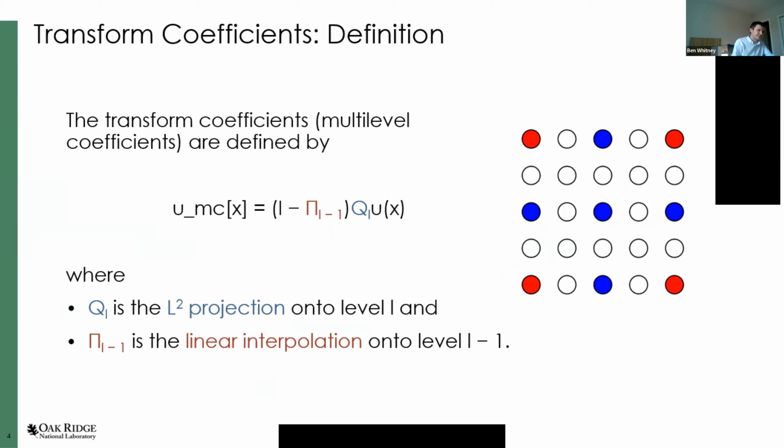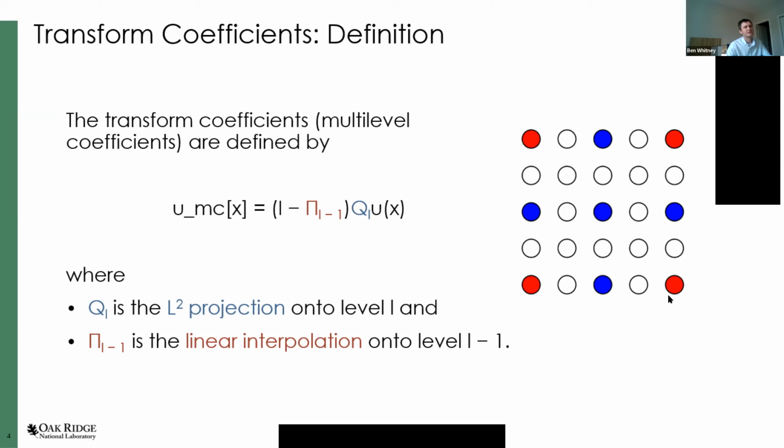So for each mesh in the hierarchy, we do the following: we take our input data U. We compute Q_L U, that's the L2 projection of U to that level. So this is the best approximation to U in some least squares sense that can be represented on this coarse grid. Here we could imagine our level is currently the red and blue nodes.